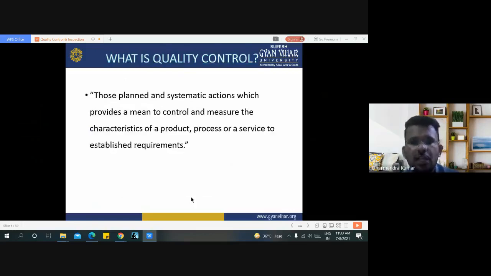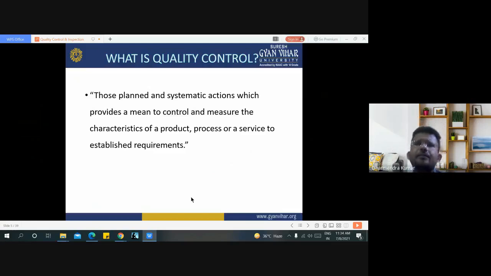What is quality control? Those planned and systematic actions which provide a means to control and measure the characteristics of a product, process, or a service to establish requirements. As we have discussed, we have established some requirements of characteristics earlier, either for a product, a process, or a service industry.